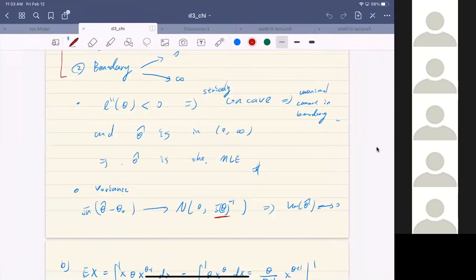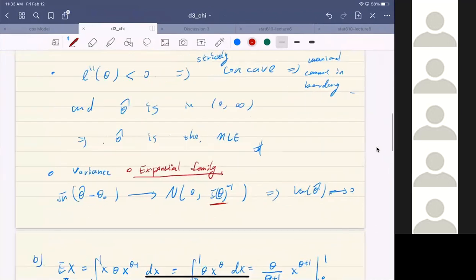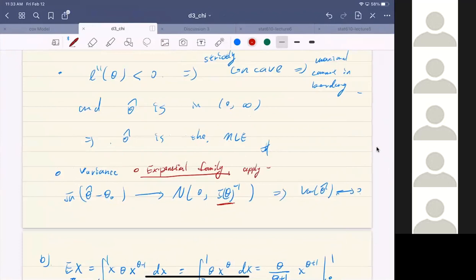Basically, we know that this is an exponential family, and from this we can apply the theory of the MLE, and we know that the square root of n times the MLE estimate minus the true theta will converge to a normal distribution.